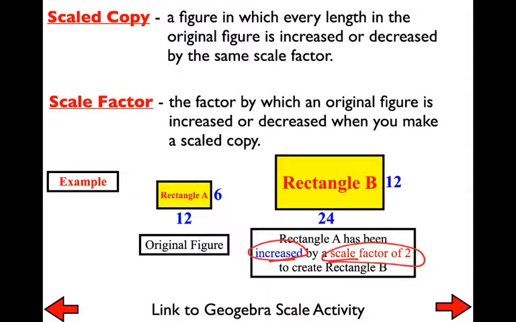All that means is that if we make the side lengths of rectangle A 2 times as big from the scale factor of 2, we get the side lengths of the scaled copy, rectangle B. So rectangle A is the original figure. Rectangle B is the scaled copy because we've applied some scale factor to rectangle A to either make it smaller or bigger. In this case, we've made it larger.